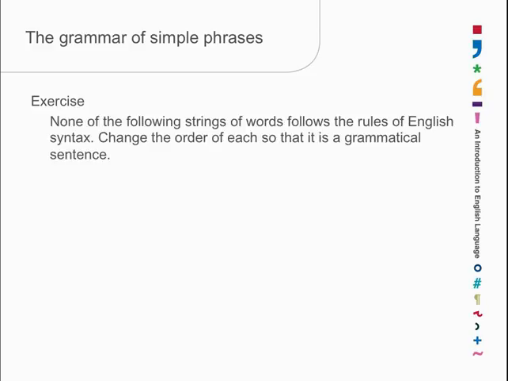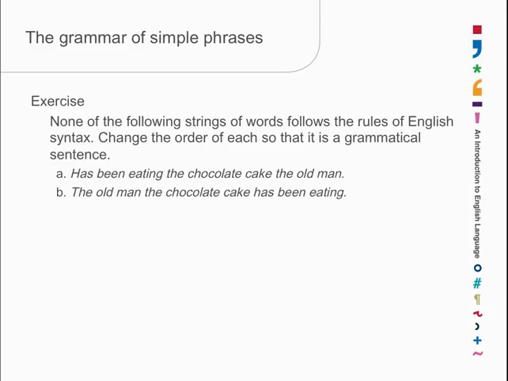We're going to suppose that certain word orders are grammatical and certain other kinds of word orders are not grammatical. If we change the word order in this sentence so that it's a grammatical word order, we would get the old man has been eating the chocolate cake.